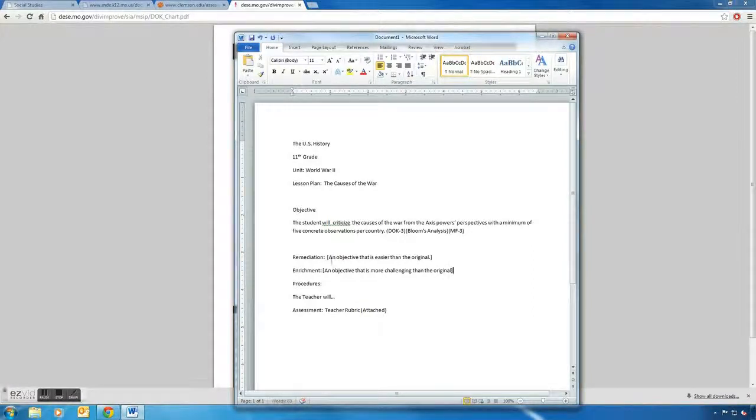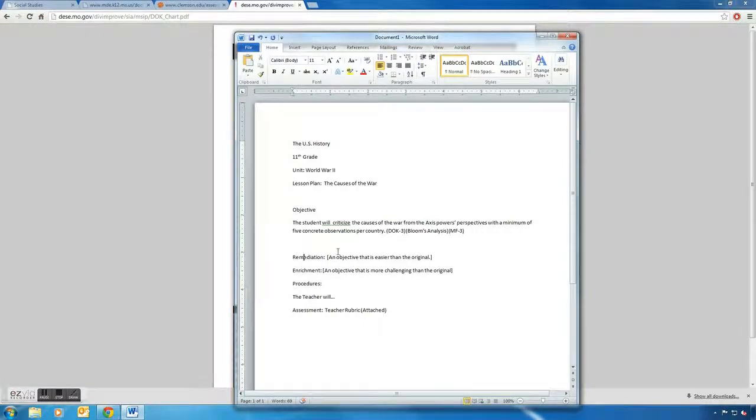So if a student nails this objective and does a very good job, then you give them the enrichment. If a student struggles with this objective, then you'd give them remediation. A remediation objective would need to be easier, which would mean you need to slide down the scale of Bloom's.